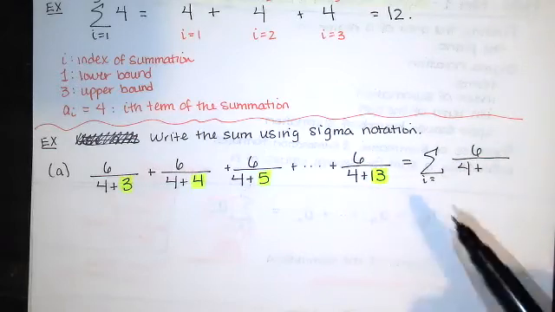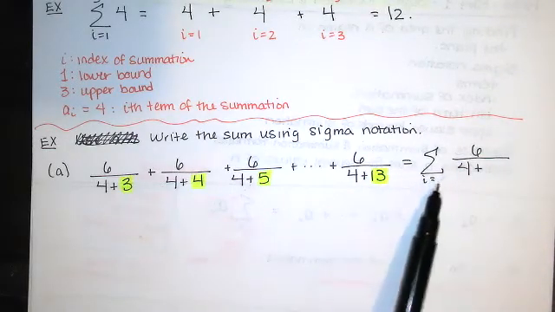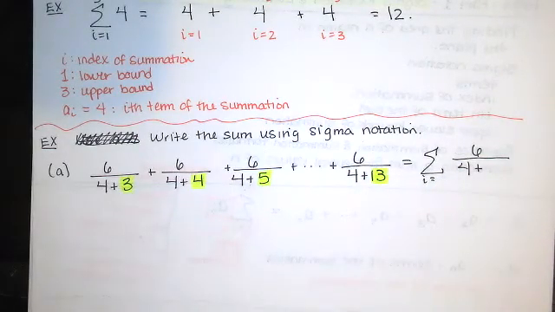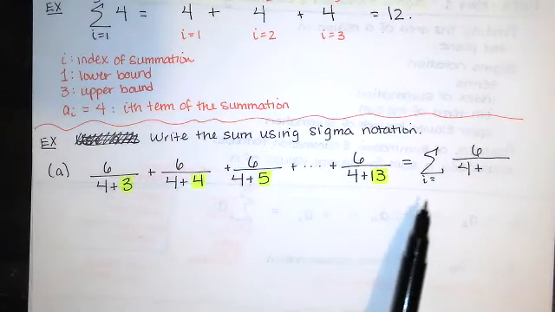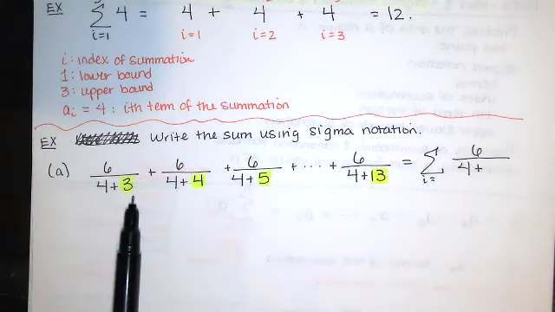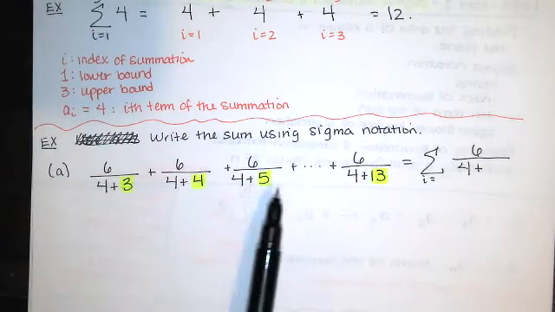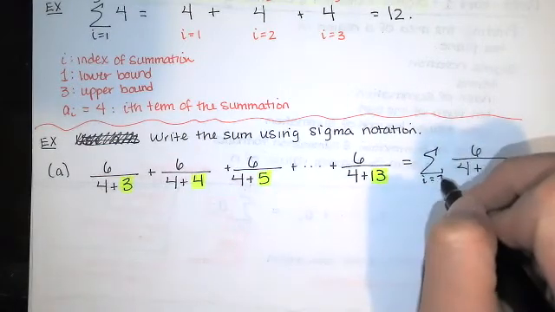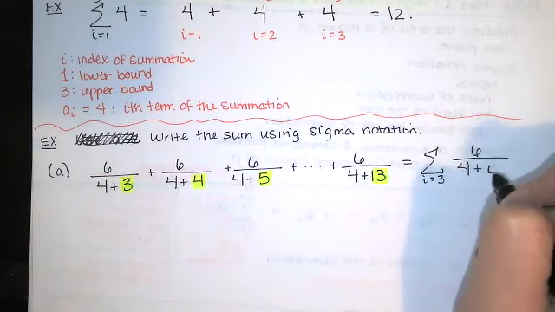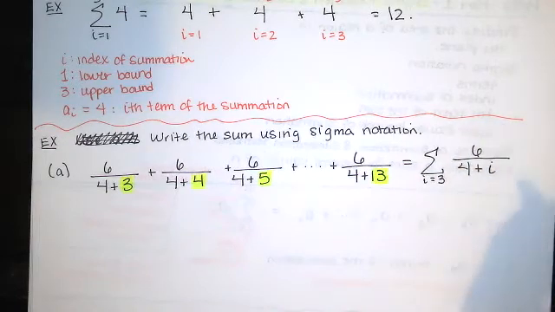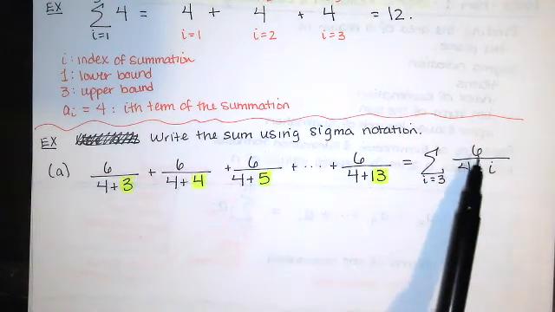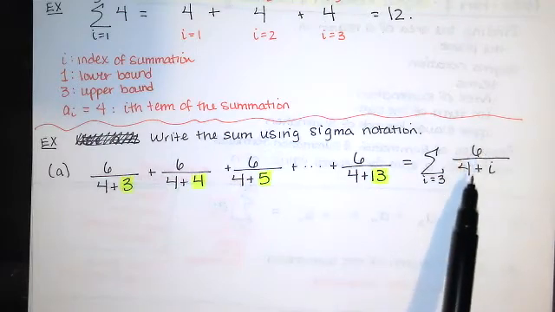Now we could start with I equals 1 and figure out what this would have to be in terms of I, but it's much simpler if we just start with I equals 3, because this is a number that's increasing by 1 every time. So let's start with I equals 3 and put an I right here. So when I equals 3, we'll have 6 over 4 plus 3.